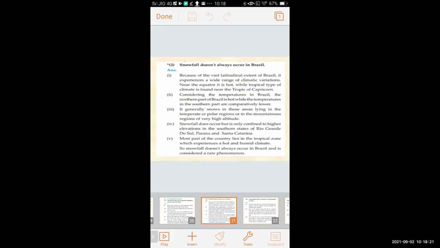In those mountains, snowfall occurs because of the cold climate. For snowfall, the climate should be very cold. So the areas which have snowfall are those where the temperature is very low, or the polar region, or the mountainous region of very high altitude.